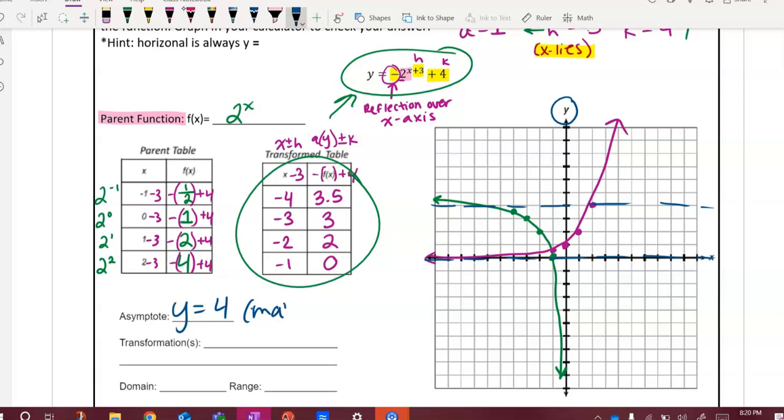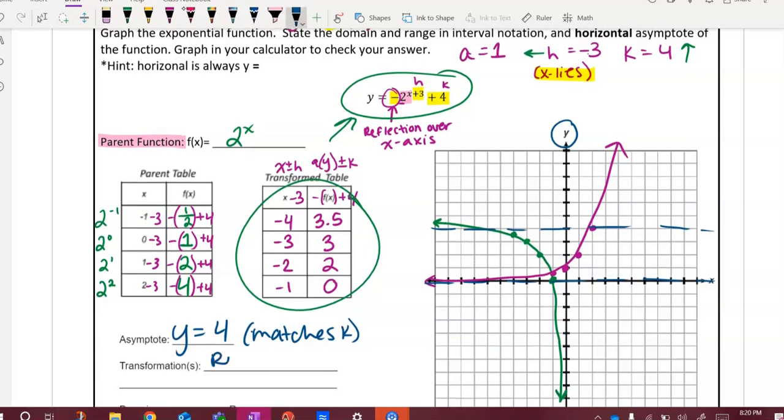It also matches k. The transformations, we wrote them at the top. We said reflection over x-axis, left 3, and up 4.